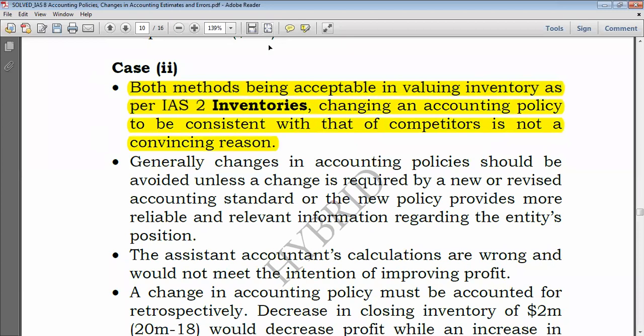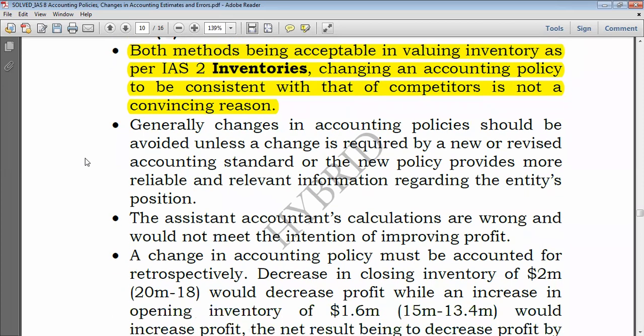It doesn't make sense. You do not change accounting policies as you see fit. You only change them when you have to comply with a standard, or when actually it would give you more relevant and reliable information. So first of all, it was the wrong reason to change the accounting policy.